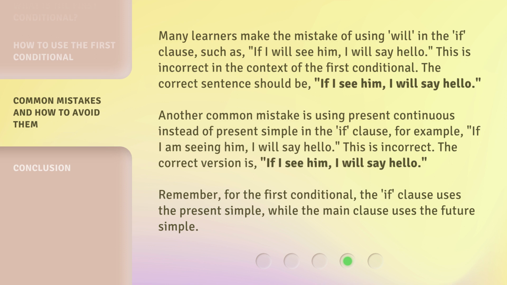For example, if I am seeing him, I will say hello. This is incorrect. The correct version is, if I see him, I will say hello. Remember, for the first conditional, the if clause uses the present simple, while the main clause uses the future simple.